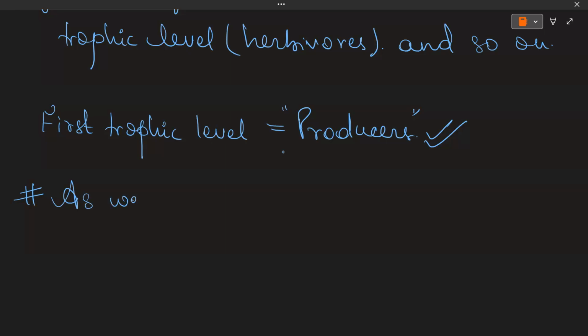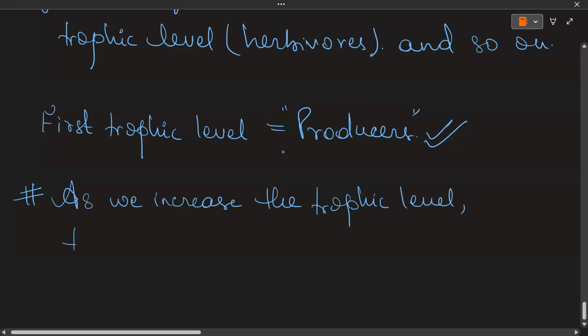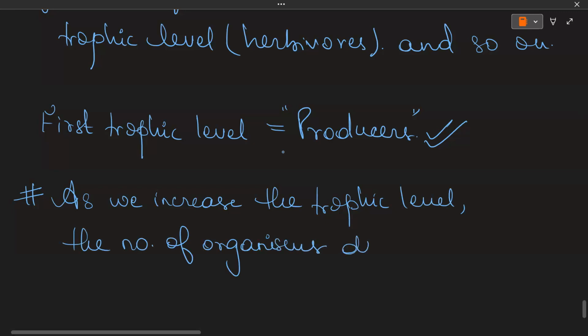So as we increase the trophic level, the number of organisms decreases. Any doubts?